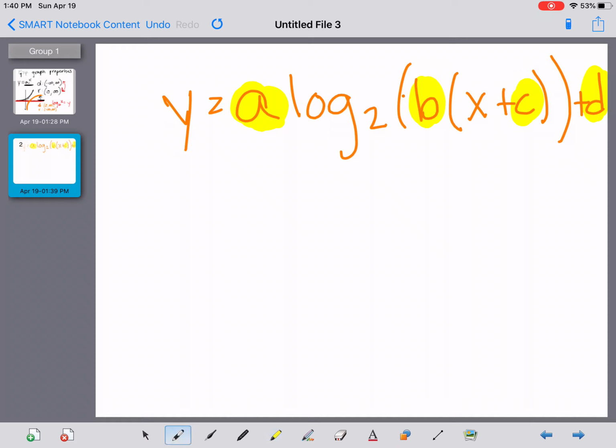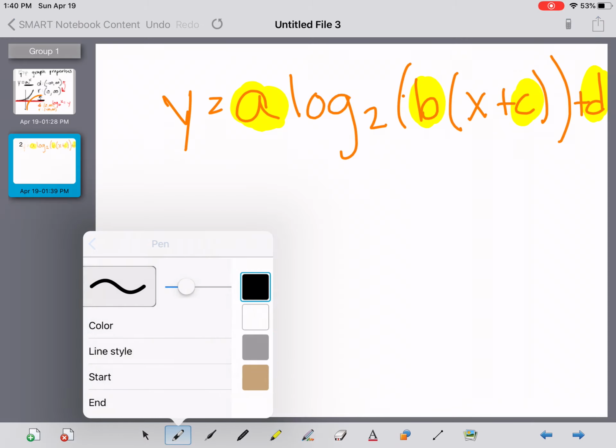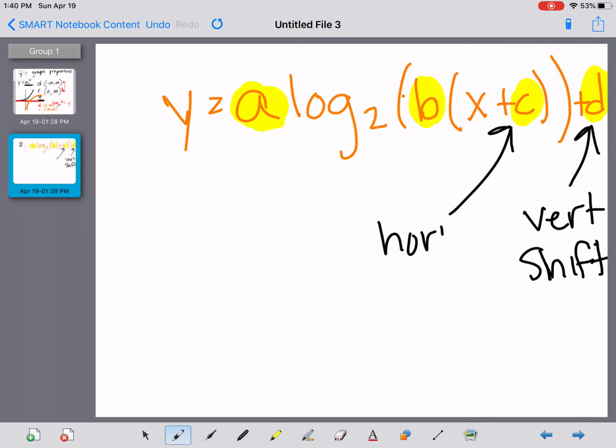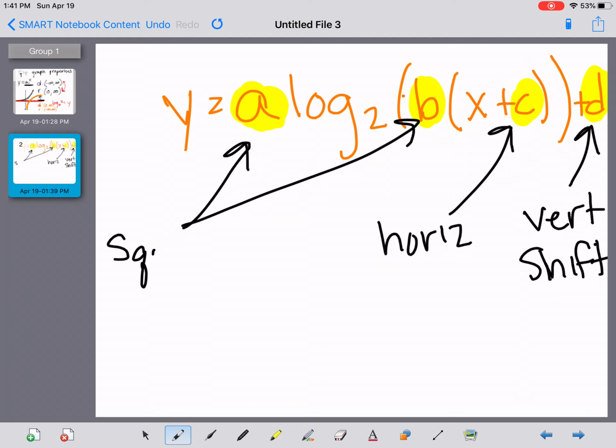This was a vertical shift, up or down, based off the positive or negative and the amount. This was a horizontal shift. And then these either squeeze them, making them tighter or wider.